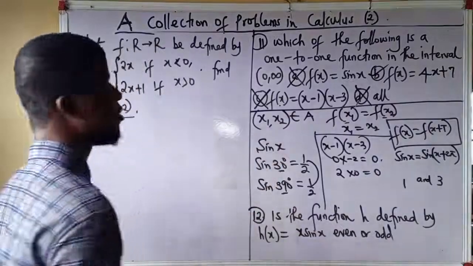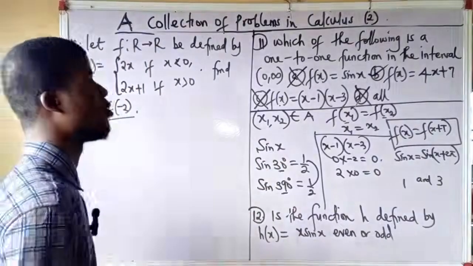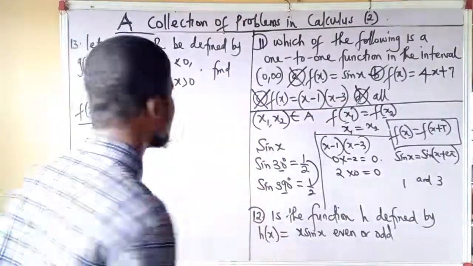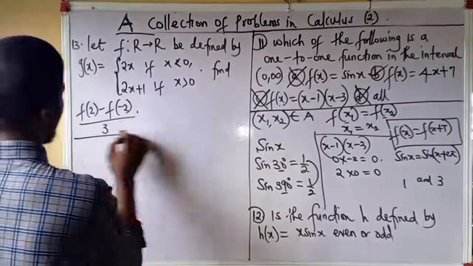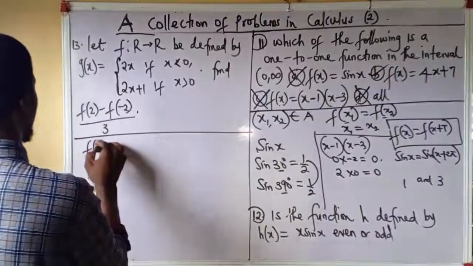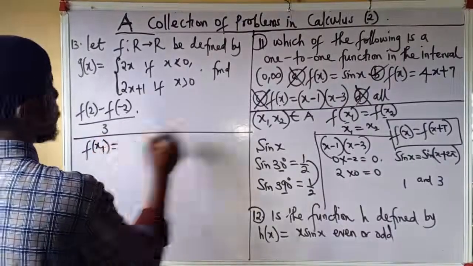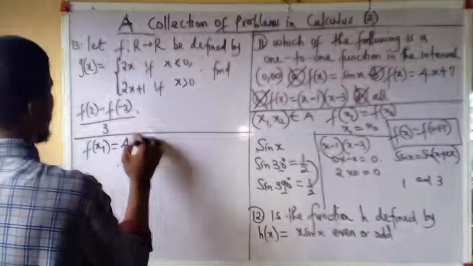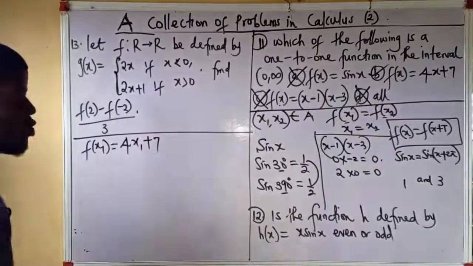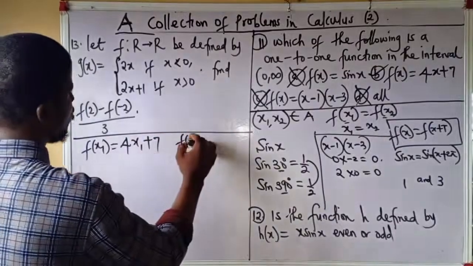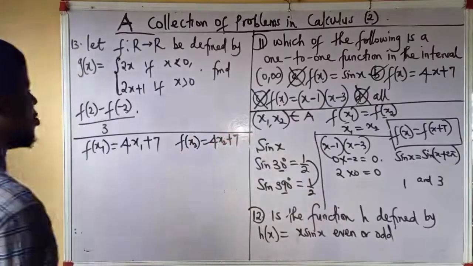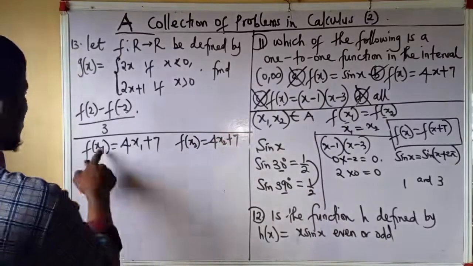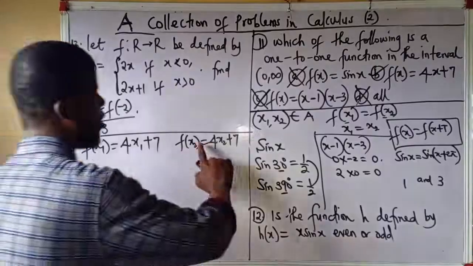This is the answer anyway. I'll use the formal definition of injective function to show that this function is injective. Watch me. f of x1, from here I'll replace x with x1. And f of x2 will be 4x2 plus 7. So I am assuming that f of x1 is equal to f of x2.